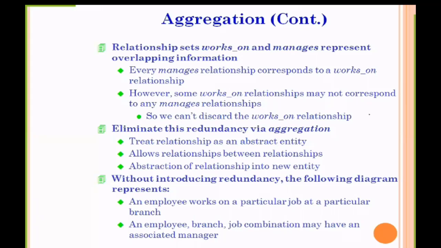It is an abstraction of a relationship into a new entity. Without introducing redundancy, the following diagram represents an employee working on a particular job at a particular branch. An employee, branch and job combination may have an associated manager.